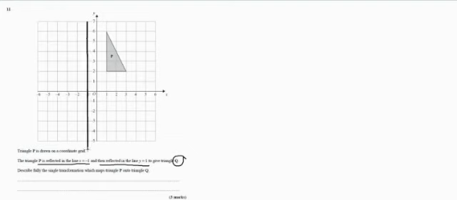This is the line x equal -1. Now let's reflect shape P. Count the squares. It's 2 squares. Let's count here 2 squares and draw the point.